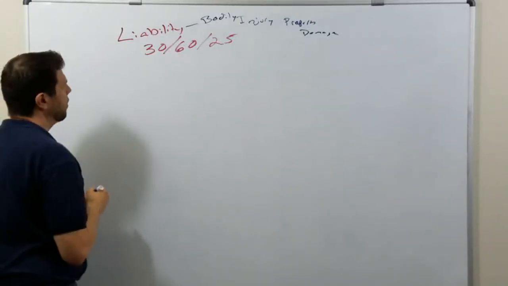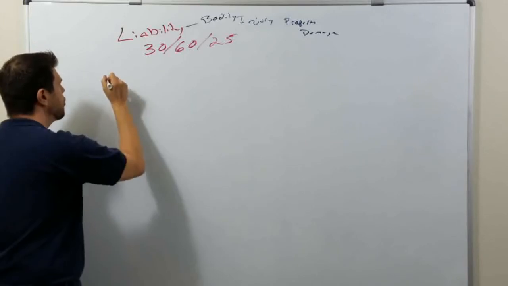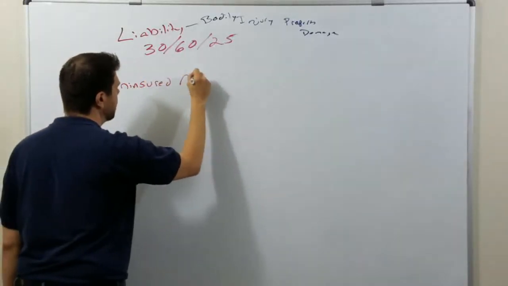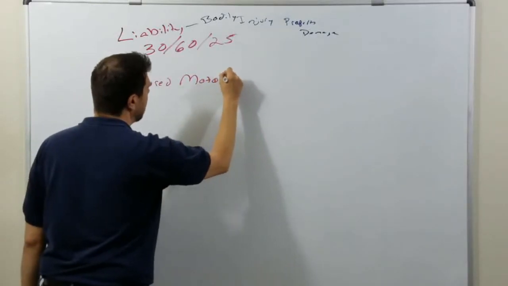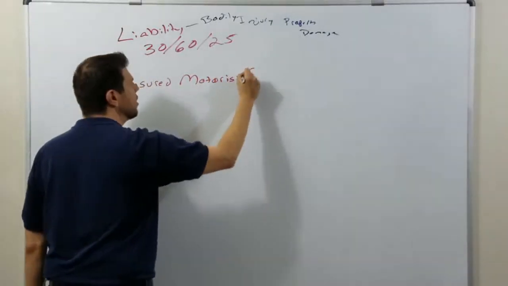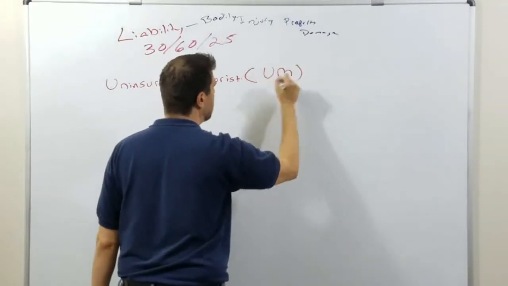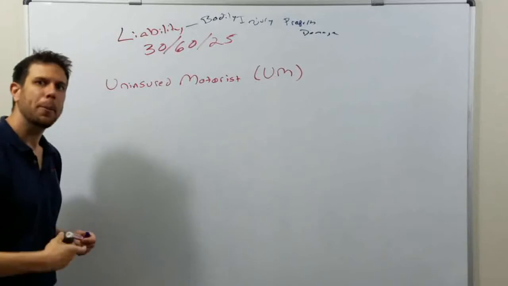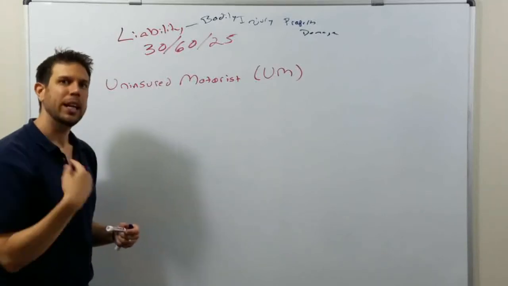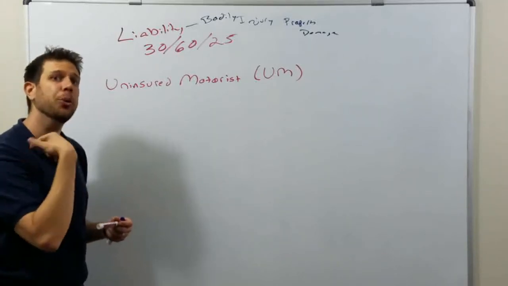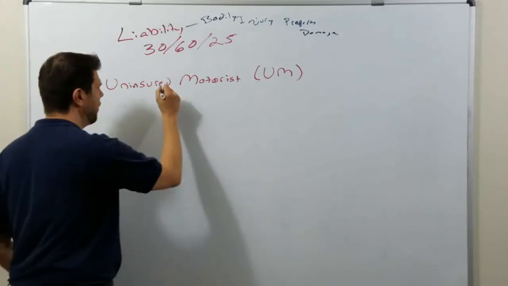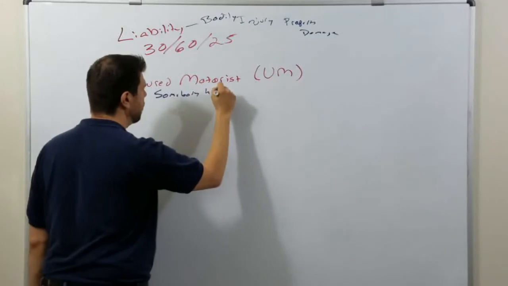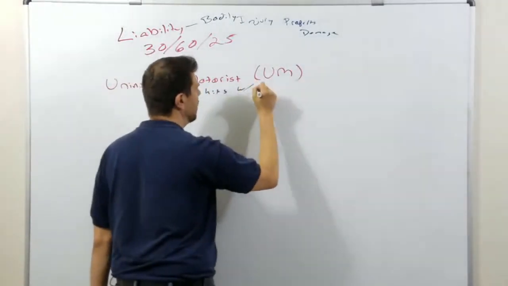Another portion of an auto policy is known as uninsured motorist. This is an important one on your test. Uninsured motorist is also just known as UM. Uninsured motorist pays you if somebody hits you and they don't have insurance.